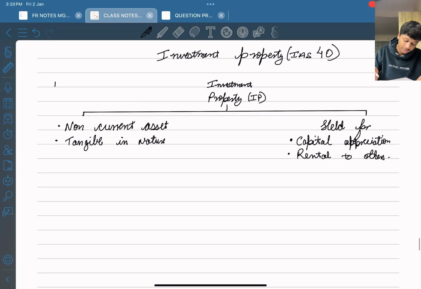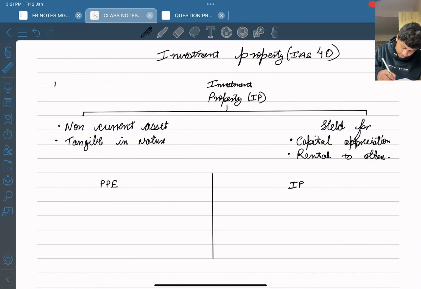What is the difference between property, plant, and equipment and investment property? This is property, plant, and equipment, and this is investment property. What is the major difference between the two?